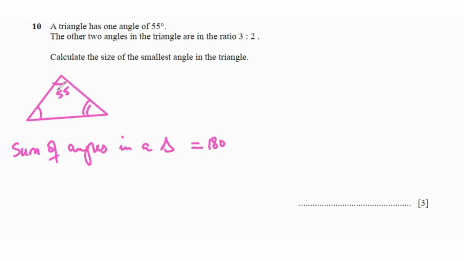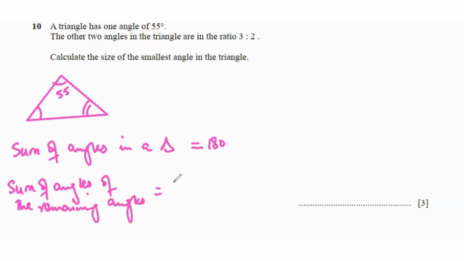If we subtract 55 from 180, that gives us the sum of the remaining two angles. That's 180 minus 55, which is equal to 125.